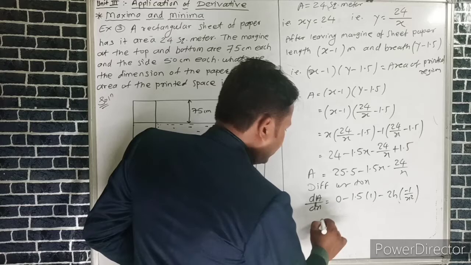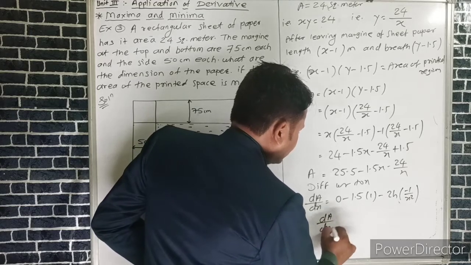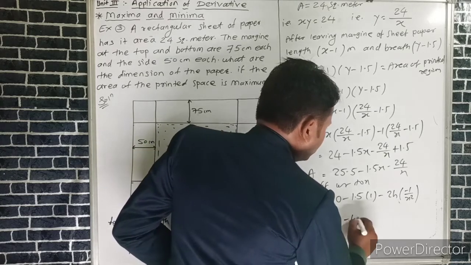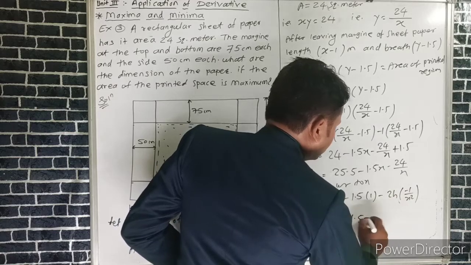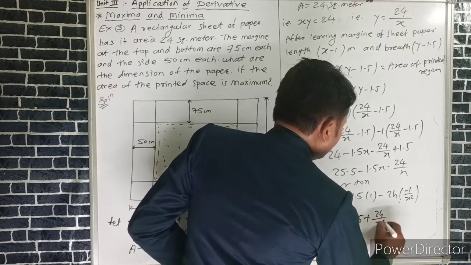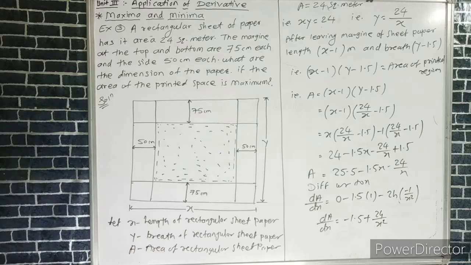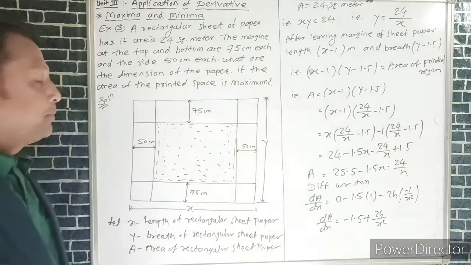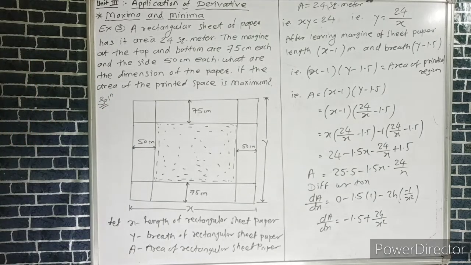Hence dA upon dx equals minus 1.5 plus 24 upon x square. And we need the area of the printed space to be maximum.